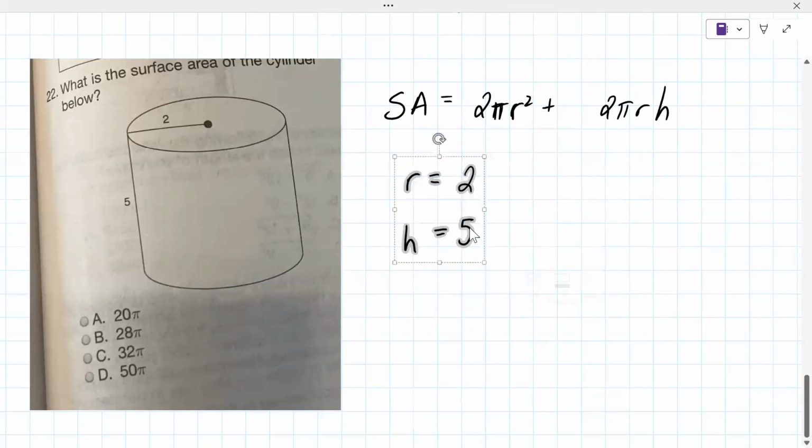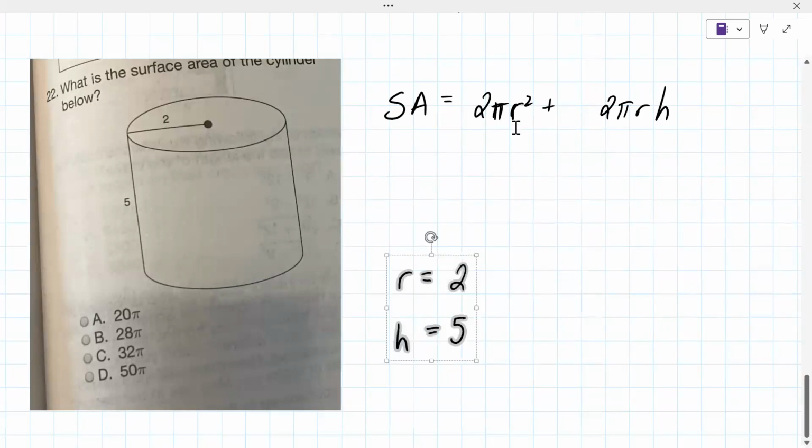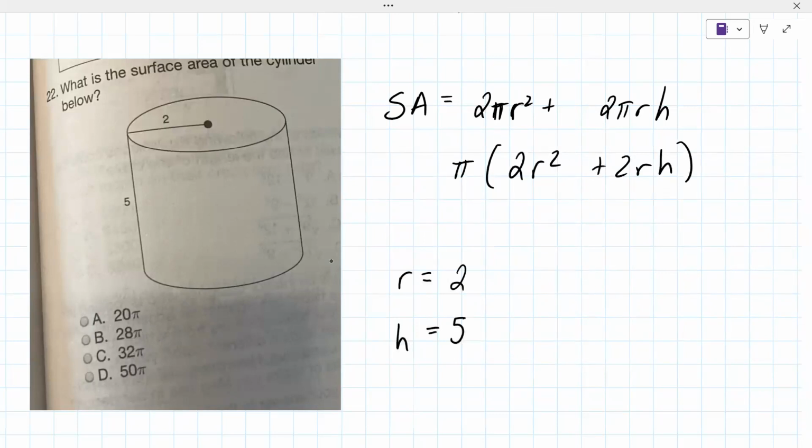Do you see how both of these have a pi in it, and all the answers have a pi in it? Mm-hmm. So you want to ignore the pi. You want to say, okay, it's 2r squared plus 2rh. See how that pi has been factored out? Mm-hmm. So I want you to do this part in here with the r and the h and see what you come up with.